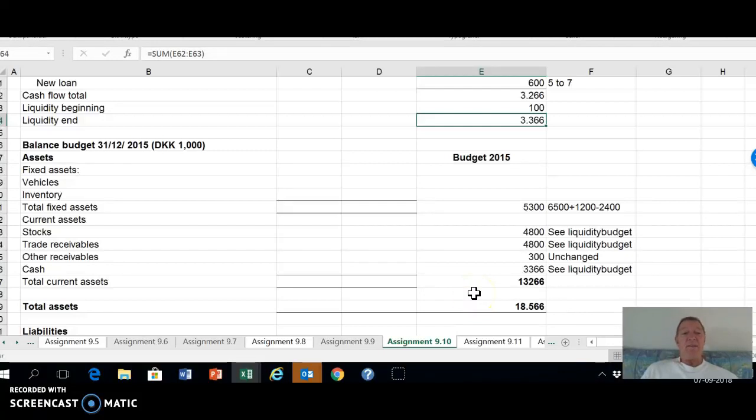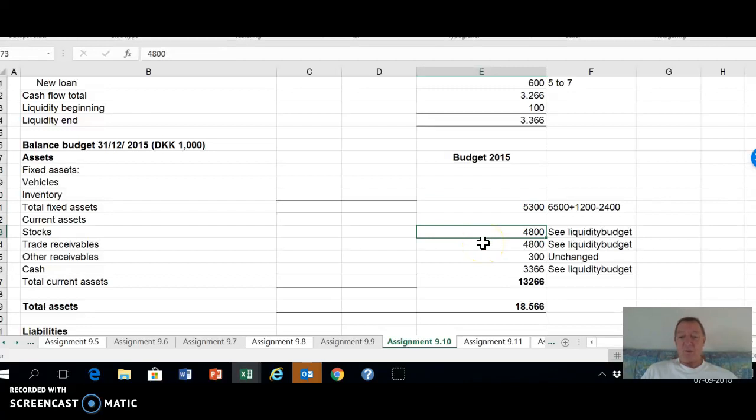Then we can make the new budget end of 2015. We here have the total fixed assets 6,500 from last year, plus 1,200 new assets, minus depreciation of 2,400. So we end up with 5,300. Then we have this from the liquidity budget.